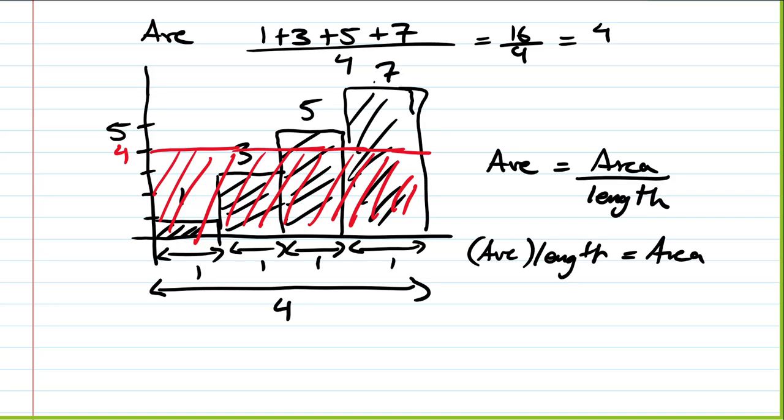So if this is the length, and we drew a red rectangle with the average, then this would be the height, right? In terms of our area formula for a rectangle. So the average value, or so this suggests, is the height of a rectangle with the same length that would have equal area to whatever figure we're talking about.